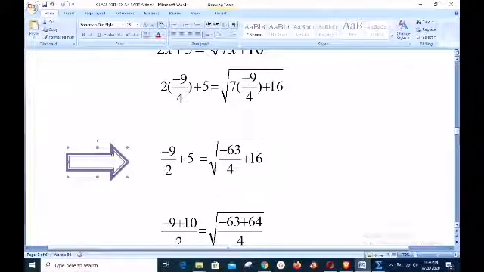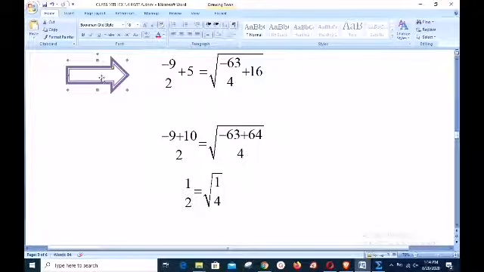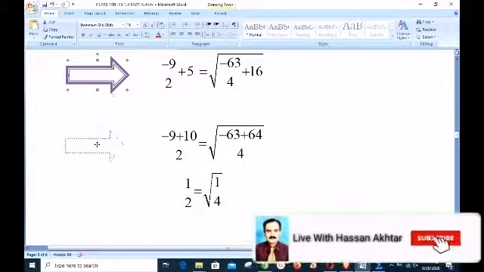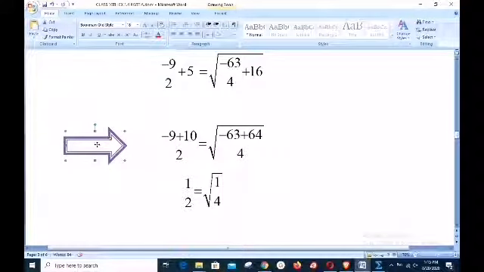In the next step, taking the LCM on both sides, left hand side LCM is 2, so we have minus 9 plus 10 whole over 2, whereas inside the root LCM is 4, so on the right hand side we have inside the root minus 63 plus 64 whole over 4.